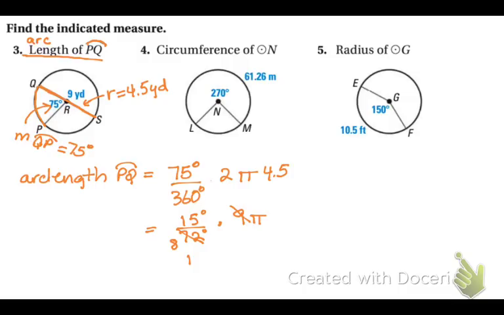So my answer is 15 over 8 pi. And there's my answer. Okay, sorry about that. But hopefully you caught it before I did. So I'm going to go ahead and erase this. So pause it if you need to.